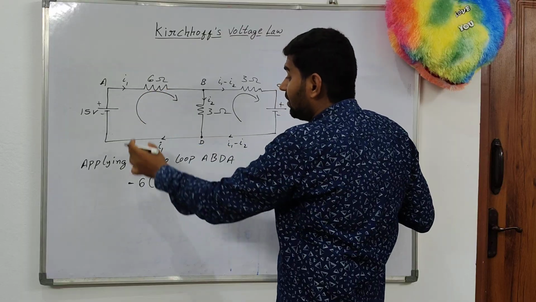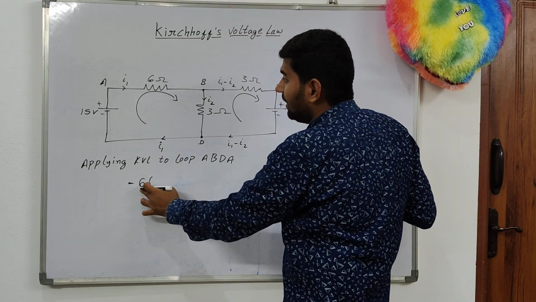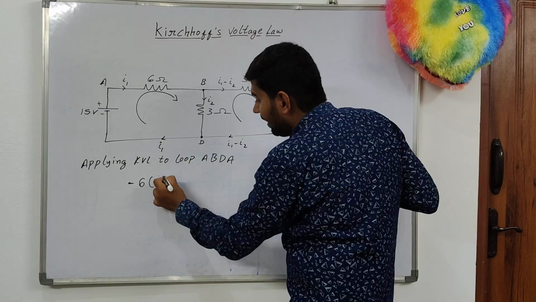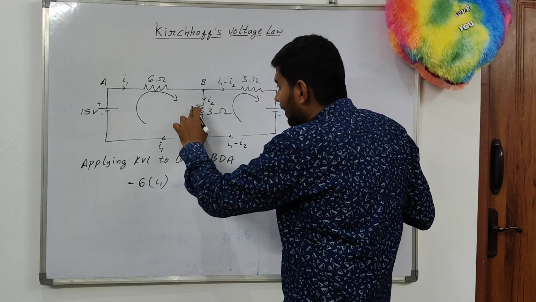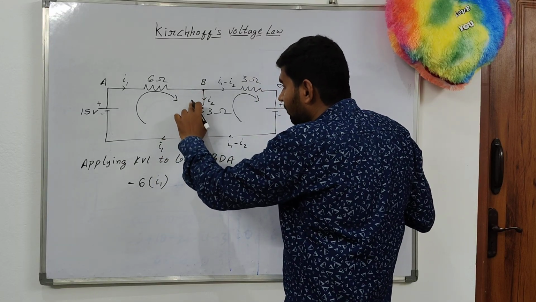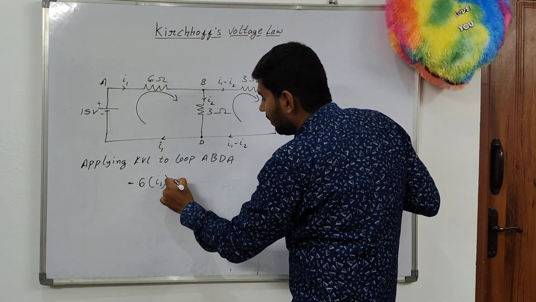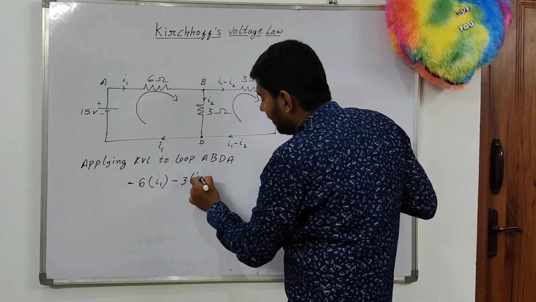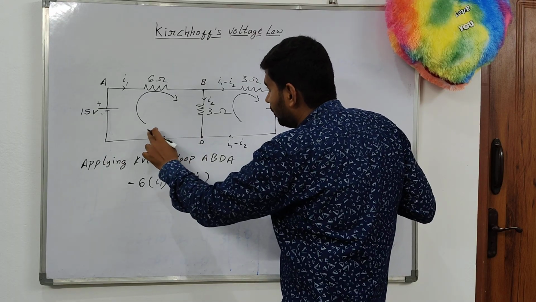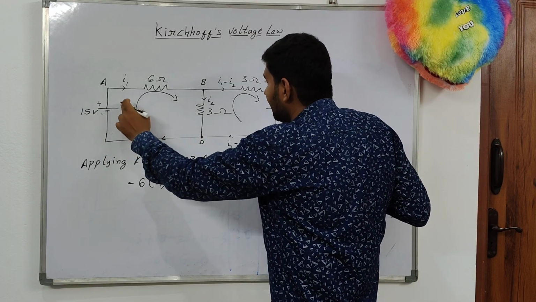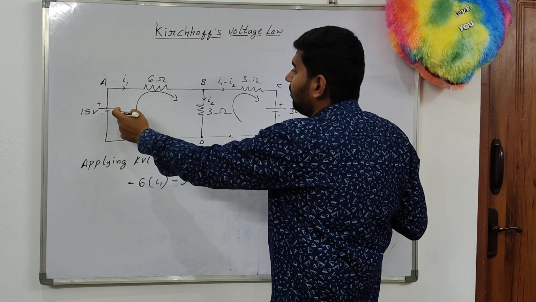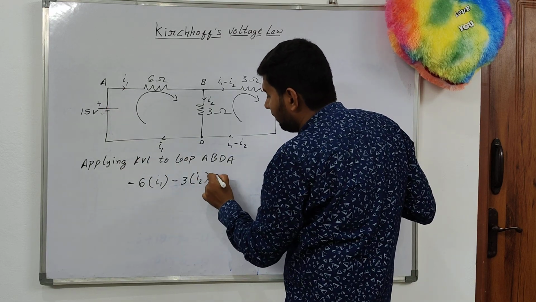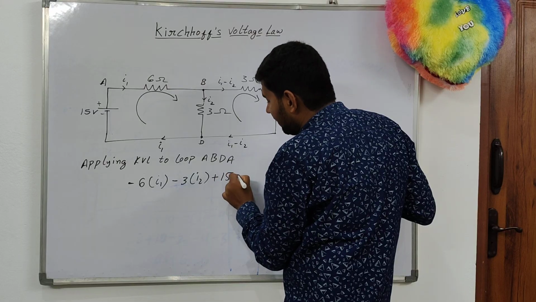According to Ohm's law, I into R is V. Minus 6 is the resistance, and the current is I1. Here also both directions are the same, so minus 3 into I2. Going through the cell from negative terminal to positive terminal, it becomes plus 15 equals 0.